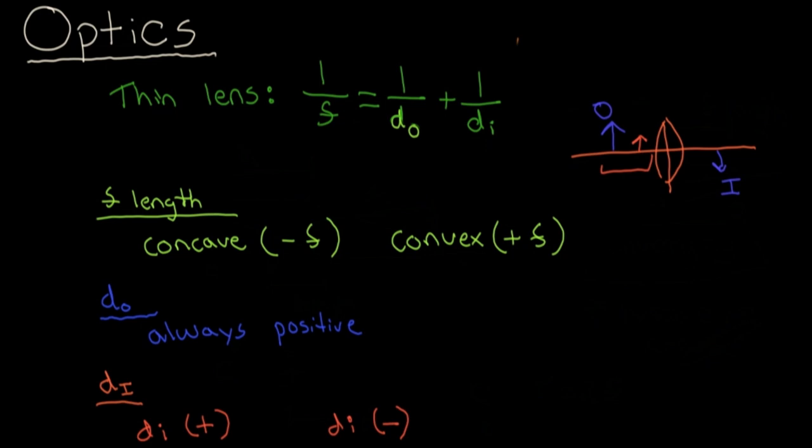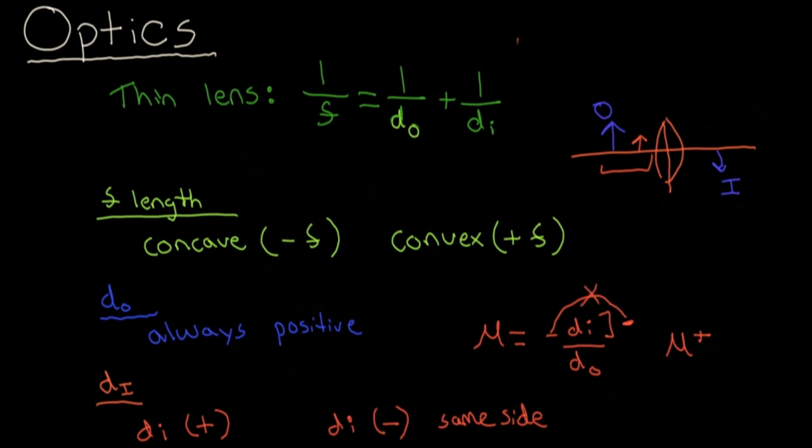So magnification, really quickly, we'll label it as M, is just equal to the negative ratio of your distance image over your distance object. So as you can imagine, if your distance image is negative, so if this is on the same side as your object, then you're going to have a positive magnification because these two negatives will just cancel out.